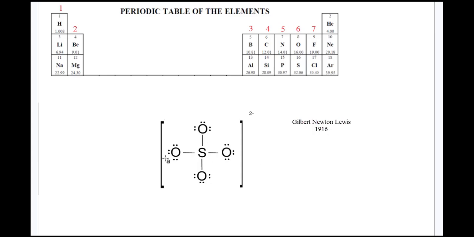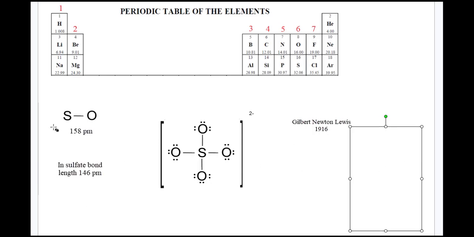You'd think that would be okay, but there's a little problem, and that problem is that typically the sulfur-oxygen bond is 158 picometers, but in this polyatomic ion, and this can be measured experimentally, they find that the bond length is a little bit less than that, 146 picometers. So it was speculated that there's got to be some double bonding in here that is bringing these oxygens a little bit closer to the sulfur than you'd expect with these single bonds.